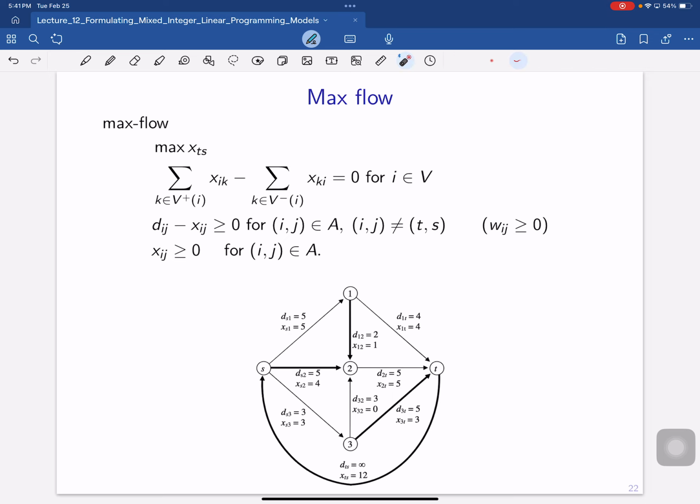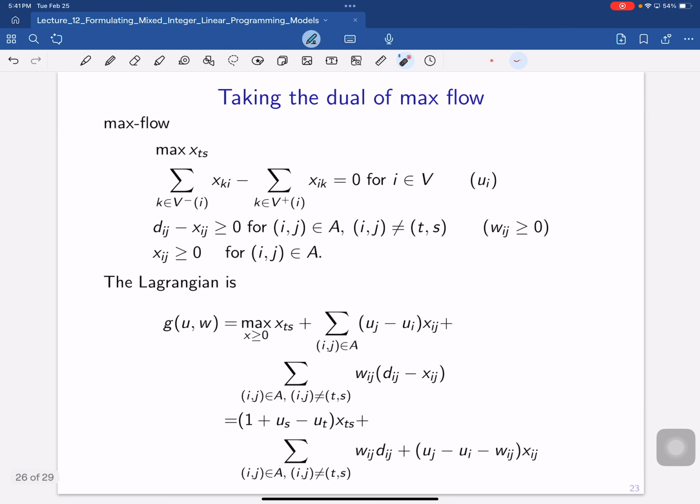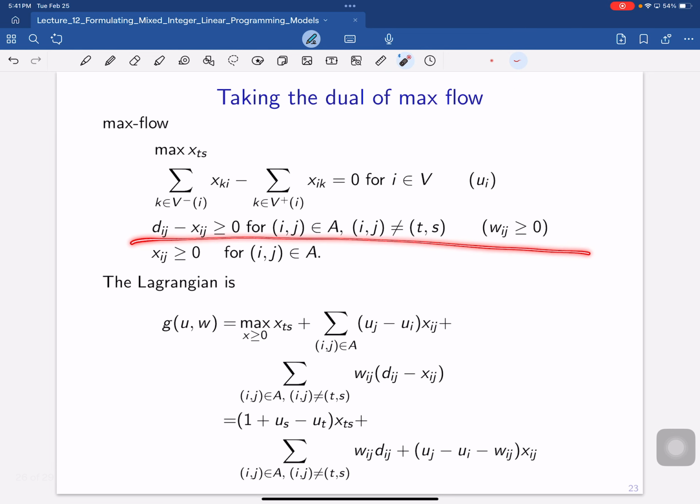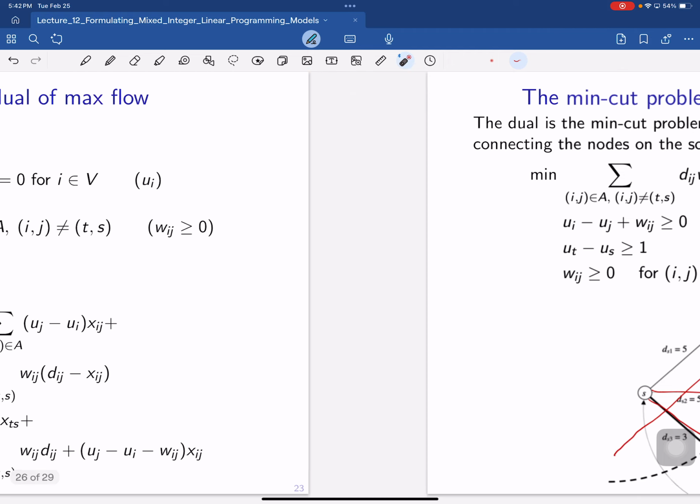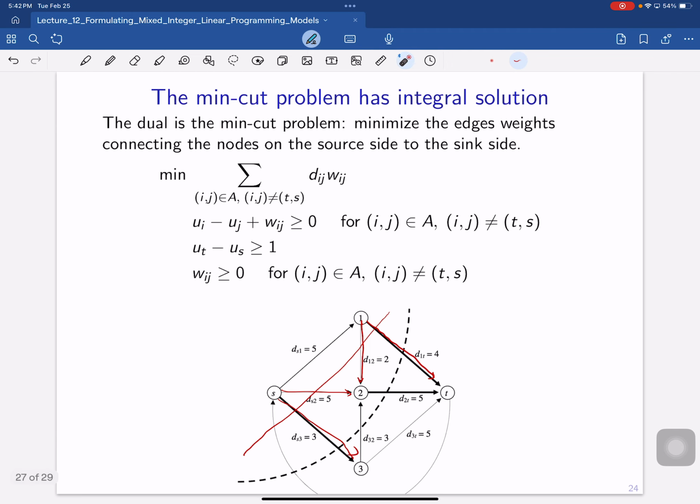Let's consider the dual variable for the capacity constraints, and then the dual variable for each of the nodes, the mass balance constraint. By now you should be super familiar with taking the dual, so I will just skip this step, and you will get this formulation.